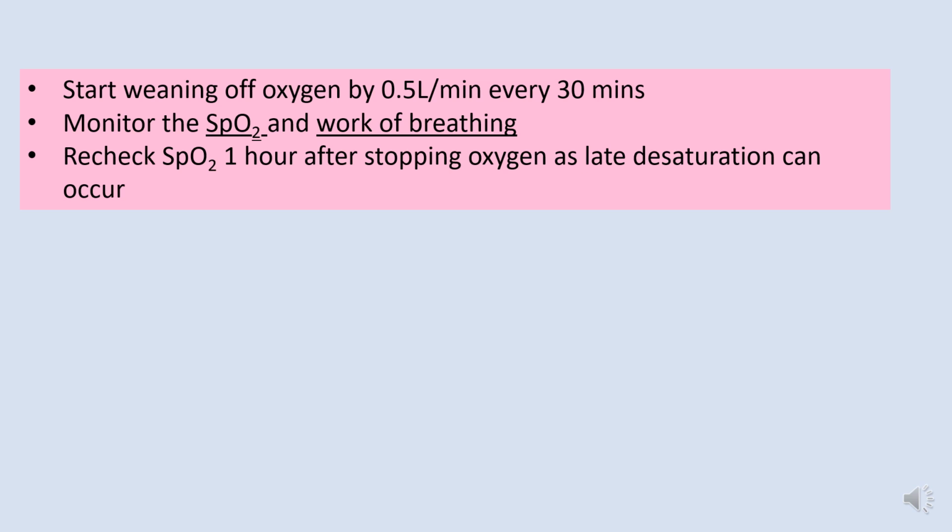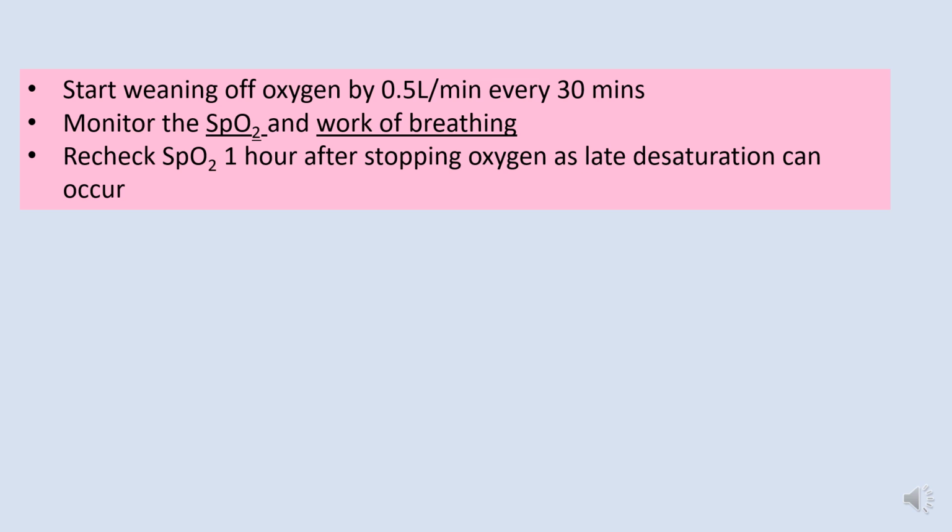And again, just like when we were tapering it up, increasing it steadily when we started administering oxygen, when you're weaning it off, you also taper it off slowly. The same rate, 0.5 liters per minute every 30 minutes. So you'll be bringing down the oxygen flow rate by 0.5 liters per minute every 30 minutes. And at the same time, you'll be monitoring the oxygen saturation as well as the work of breathing.